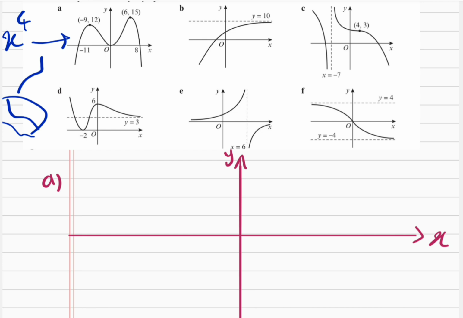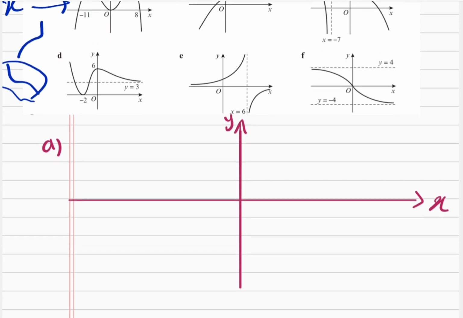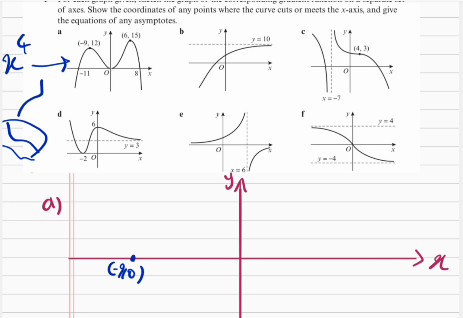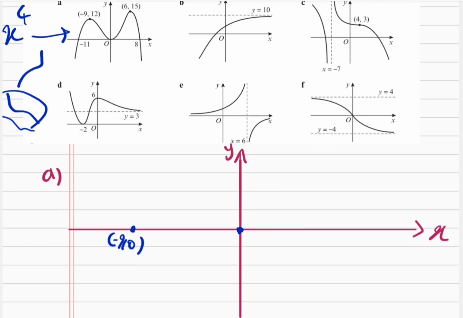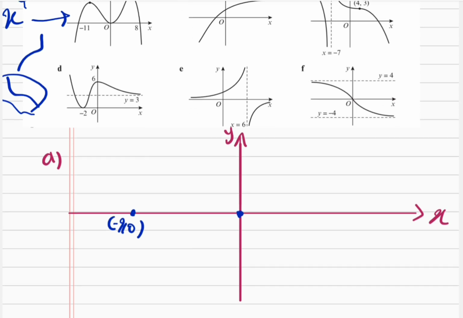So if, for example, this maximum is at x = minus 9, then for its derivative curve, it's going to be at only minus 9. It just cuts the x-axis. Then same thing with the origin, it's already at 0, 0, so it's going to stay there for the derivative curve. And then the point at 6 is going to be at 6, 0.